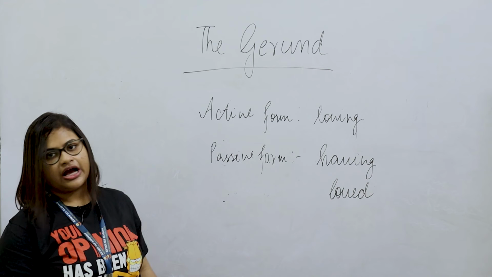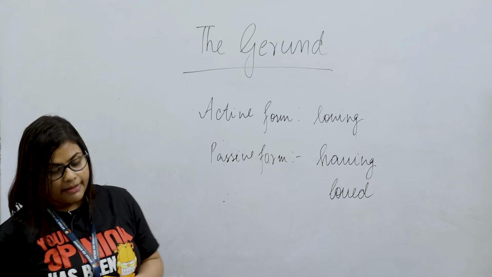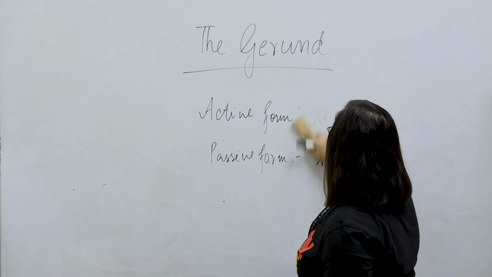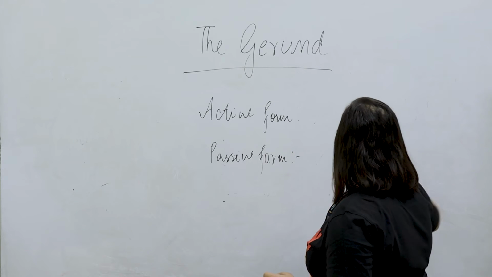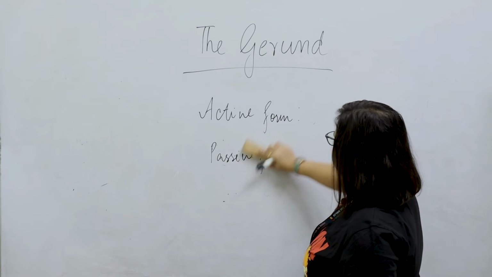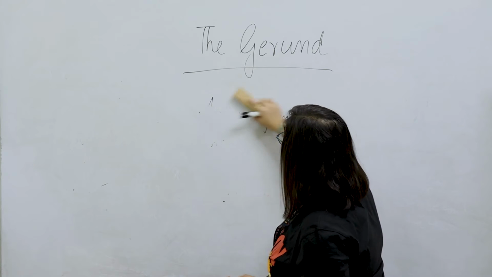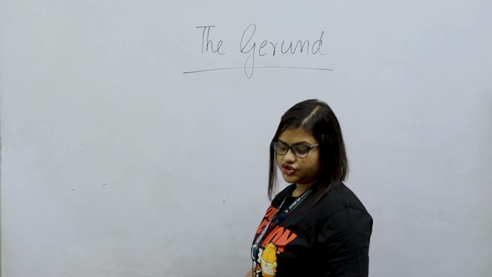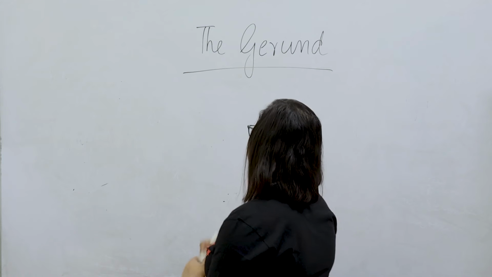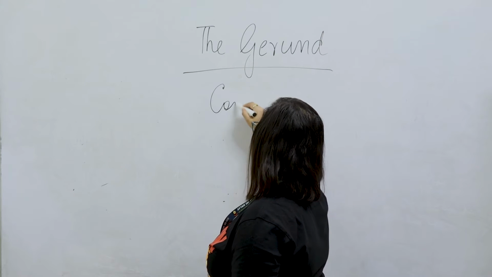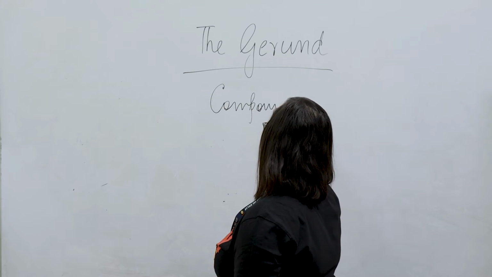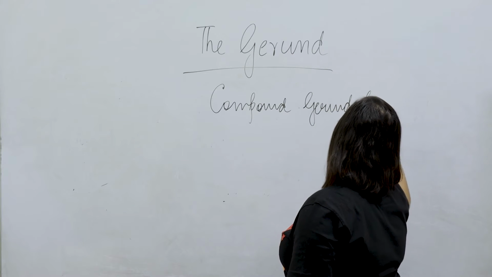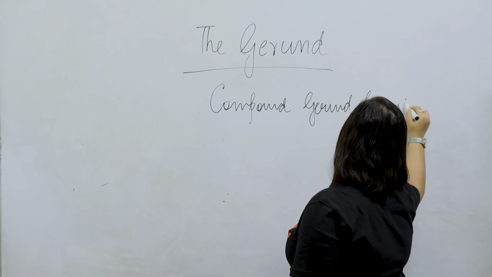The next thing we'll come to is the compound gerund forms. We kind of did that when we did the passive form, but just to make it a little more clear, we'll see what the compound gerund forms are.